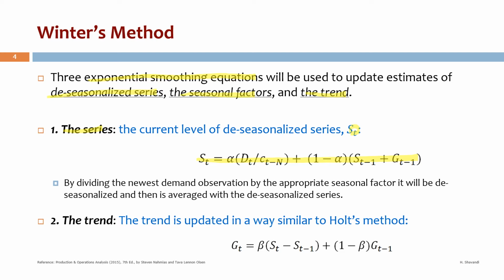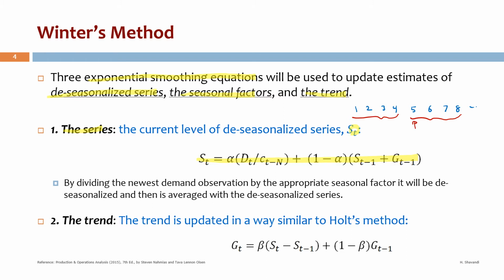And why are we considering ct minus n? Let's have an example here. Let's say our season includes 4 periods. So period number 1, 2, 3, 4, and then 5, 6, 7, 8, and so on. So this is the first season, and this is the second season, right? So period number 5 is the first period of its season, right?